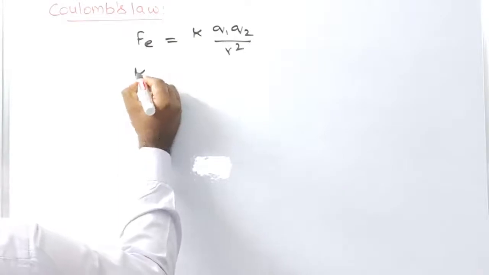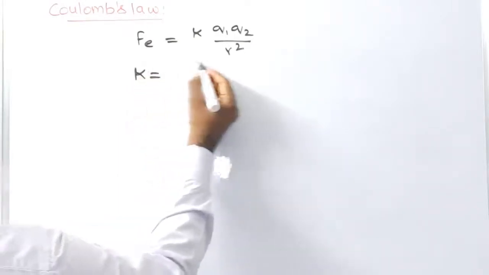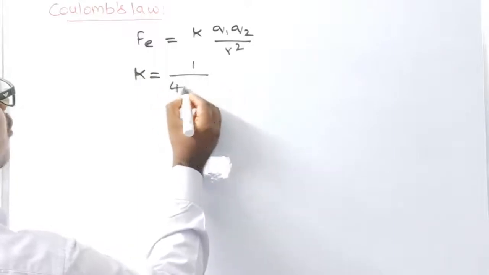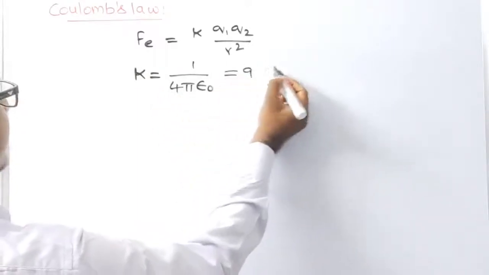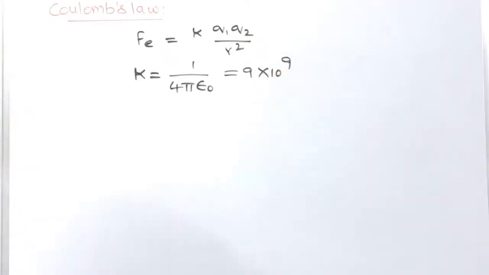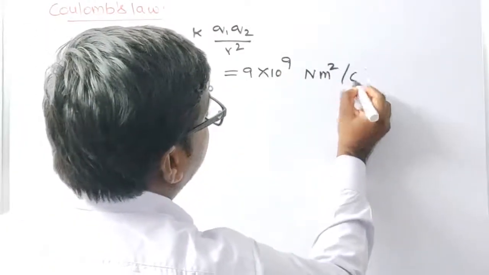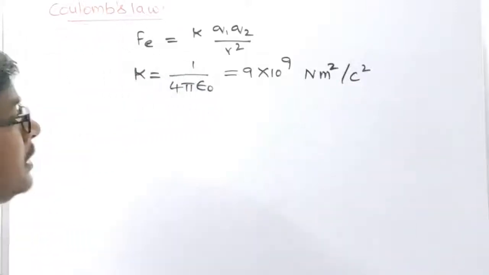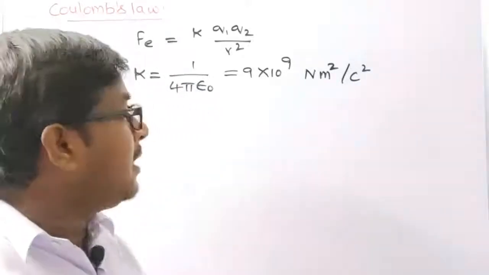Then K is the electrostatic constant, that is 1 by 4 pi epsilon naught, and its value is 9 into 10 power 9 Newton meter square per Coulomb square.